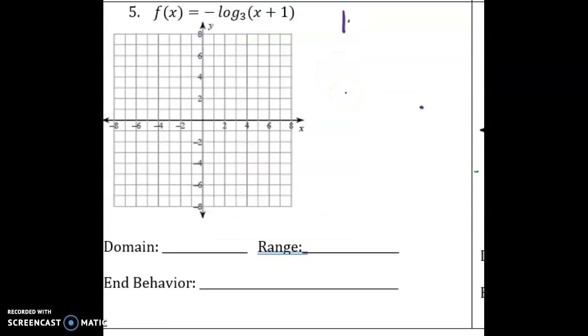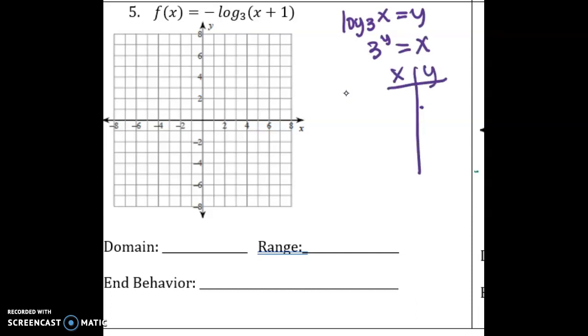All right, parent function, log base 3 of x equals y, which means the exponential version of this, when we flip it around, is that. So we have 1/3 and 1 and 3. And let's plot those.